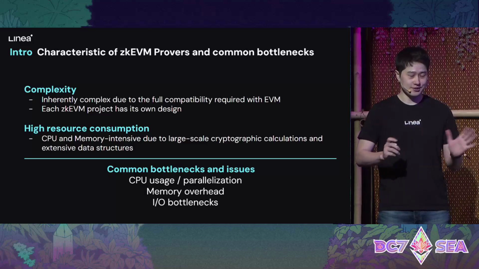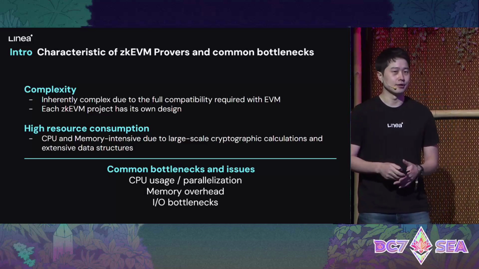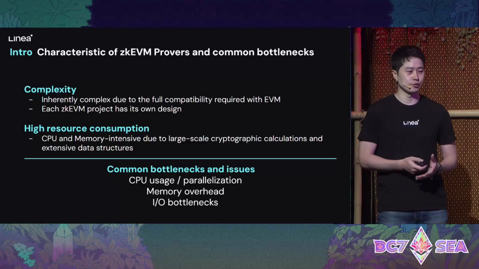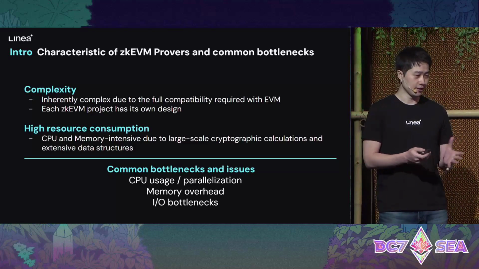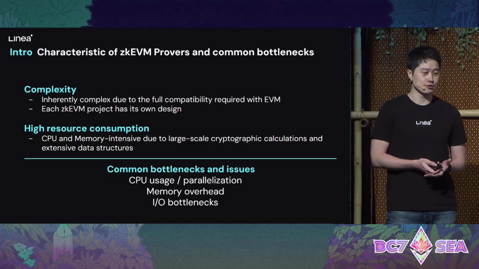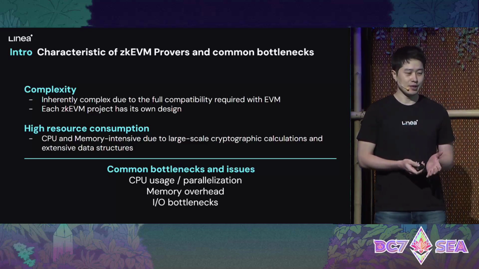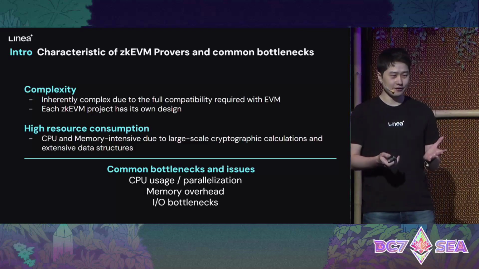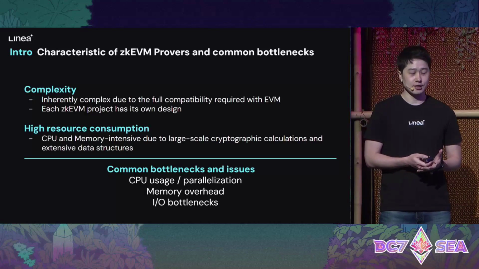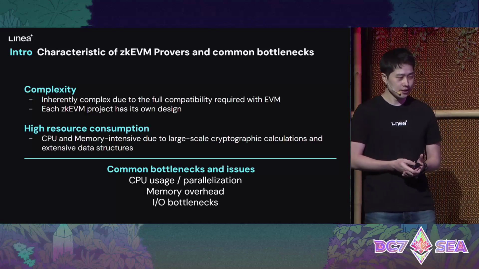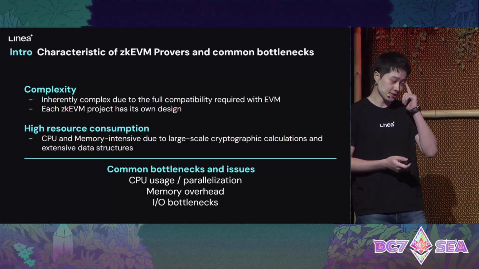So every project has its own design and architecture, so it's really hard to optimize. But all the projects have something in common. They have high resource consumption, right? CPU and memory, they're using a lot of CPU and memory, also to support large-scale cryptographic calculations. So we have these things in common.